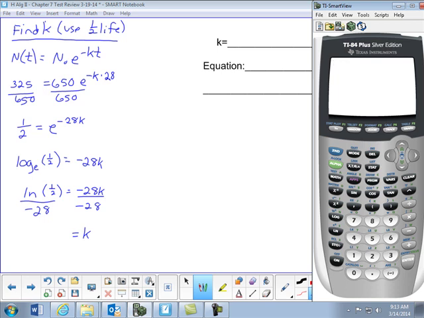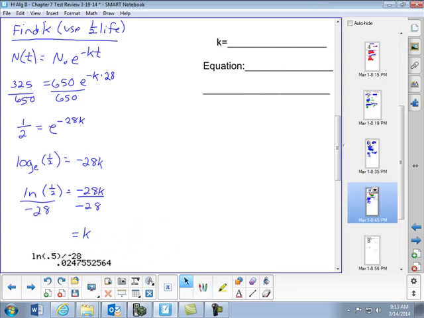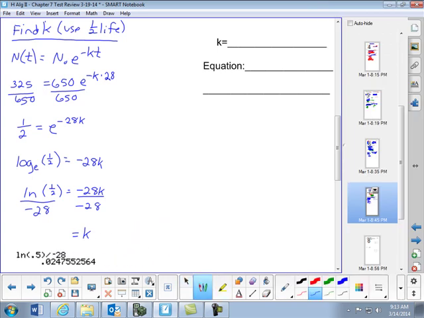And we're going to go natural log 0.5 divided by negative 28. Enter. Okay. So you should see that you get approximately 0.02476.